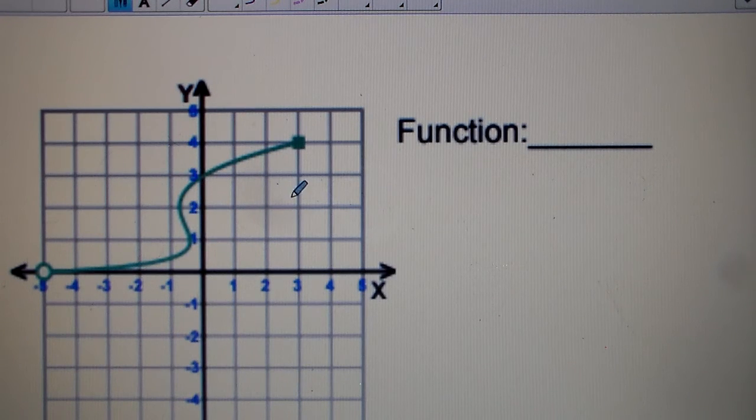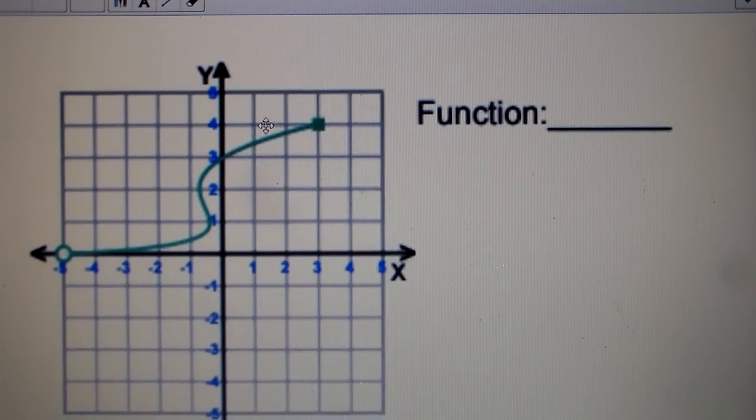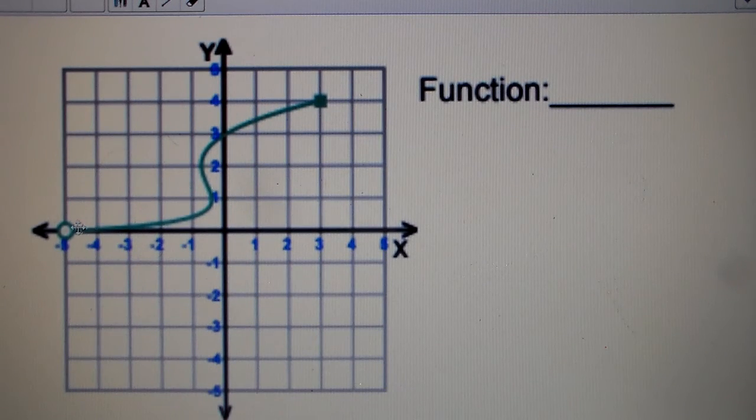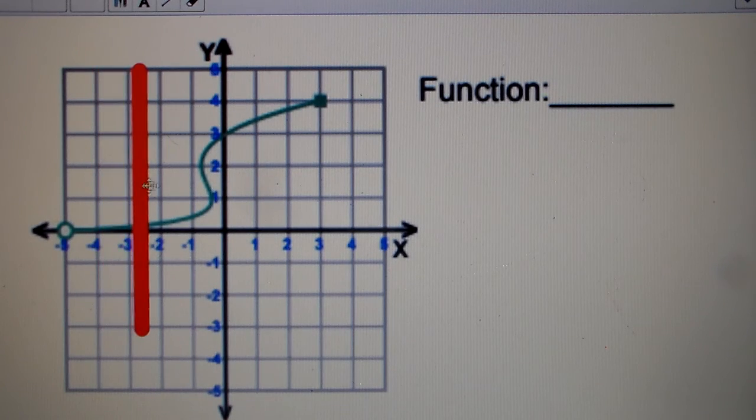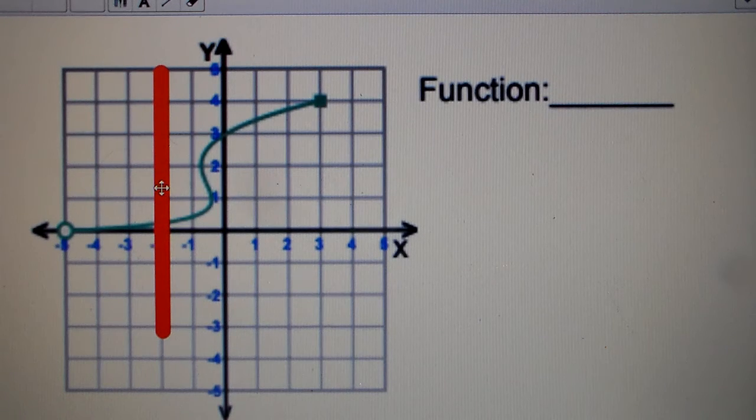Alright, look, sometimes our lines can be a little funky, like you see here. We have a blue squiggly line. So I draw my vertical line right here. I see that this red line only crosses the blue line once. It only crosses the function once. I move that line a little bit up, it only hits once.